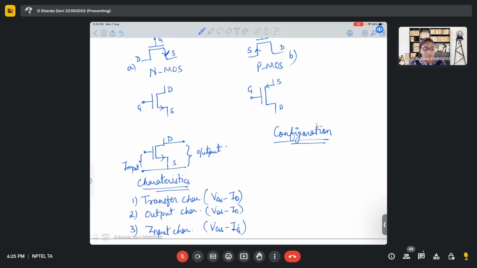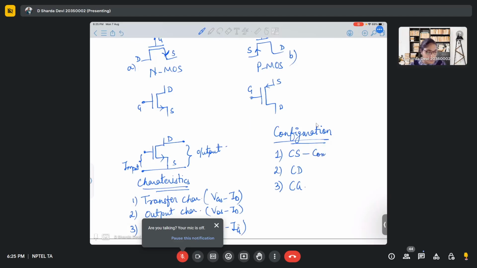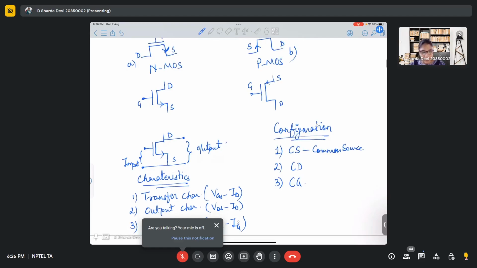Now moving on to the configurations. So we have three configurations: CS, CD, and CG configuration. CS is common source. So here, what type of configuration is this, the one that you're seeing in this particular diagram?